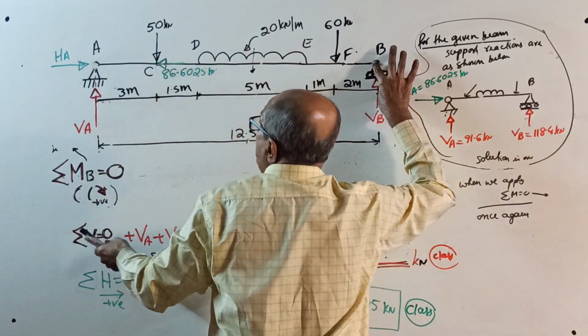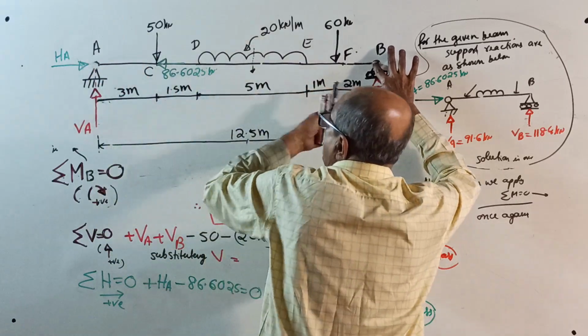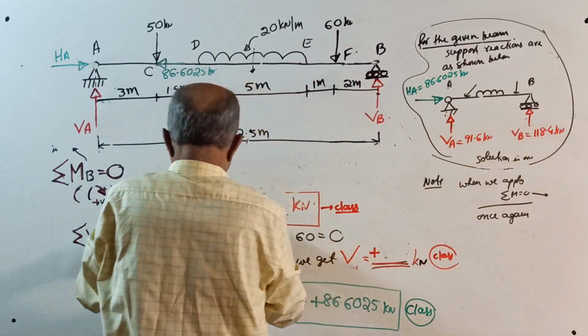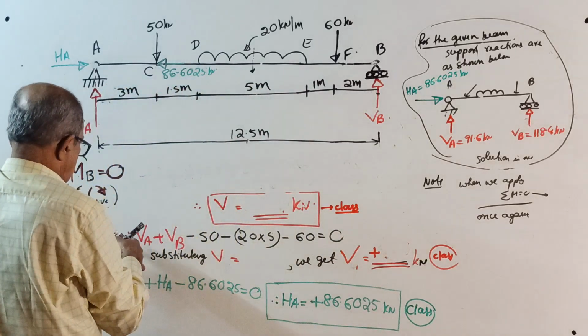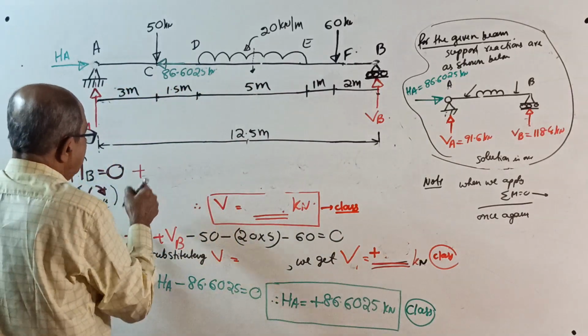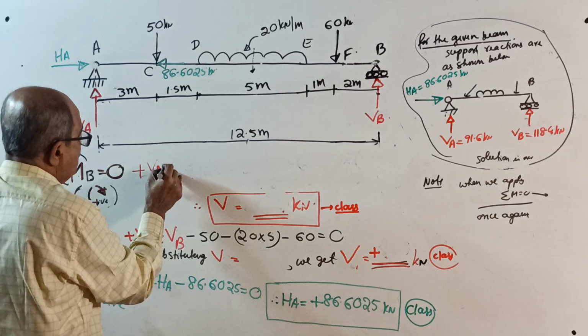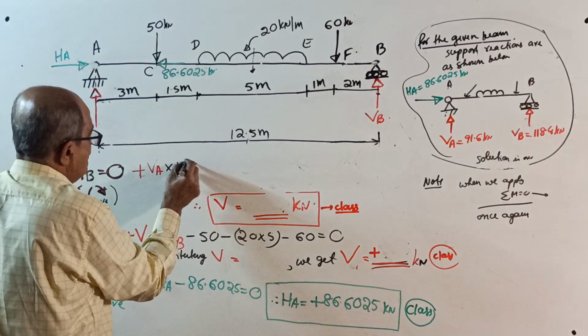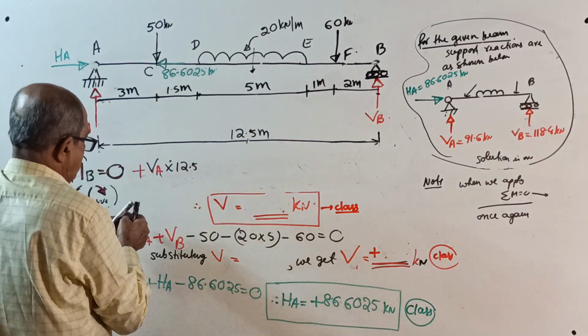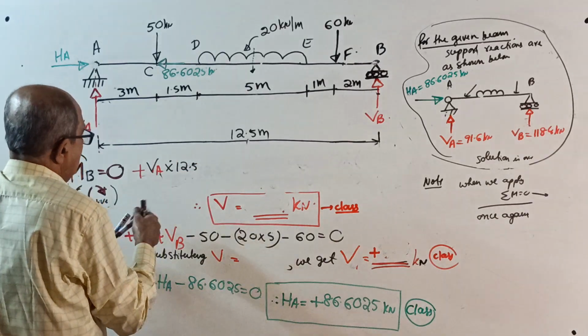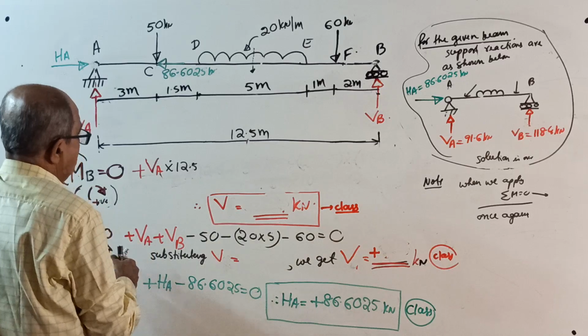Start from there: VA into 12.5, clockwise, so it is plus VA into 12.5.